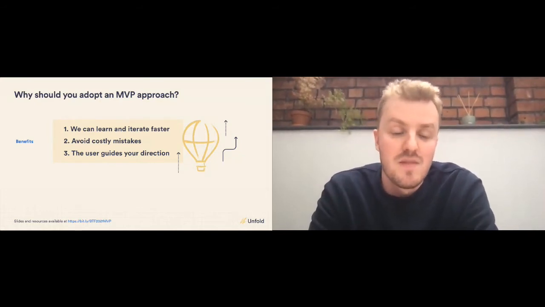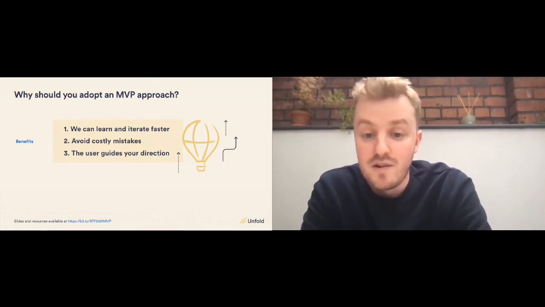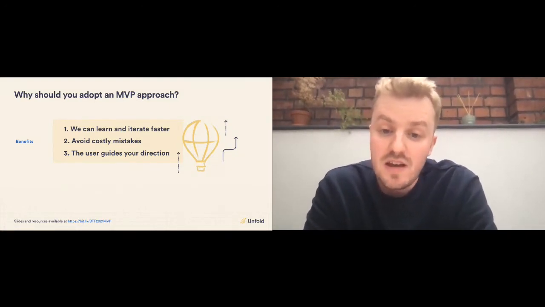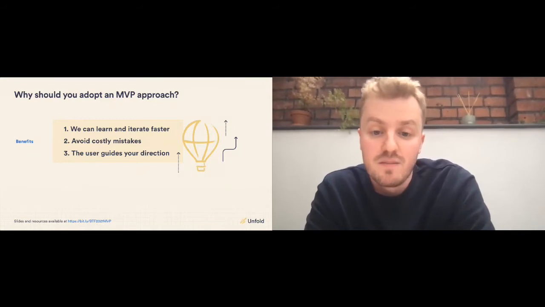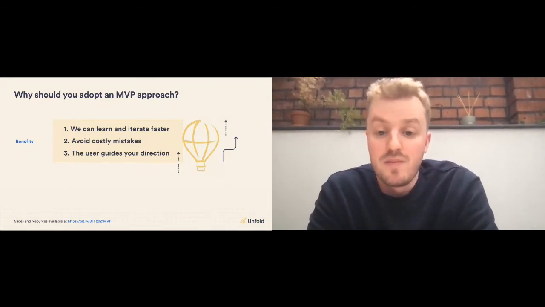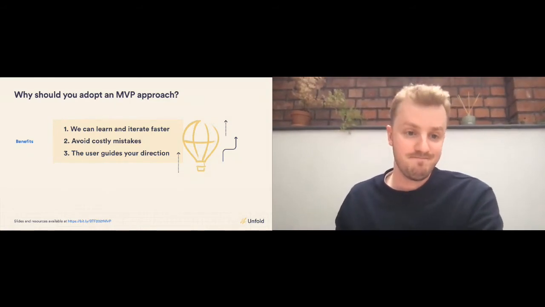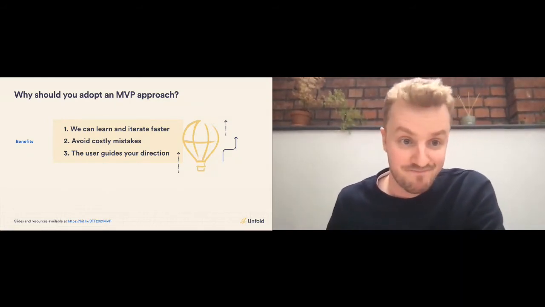And that is the most effective way of creating a product, because you're being led by the people that are going to be using it, rather than necessarily our own assumptions around how people will use a product. And we'll talk a bit more about that when we're thinking about user testing and going out to market.